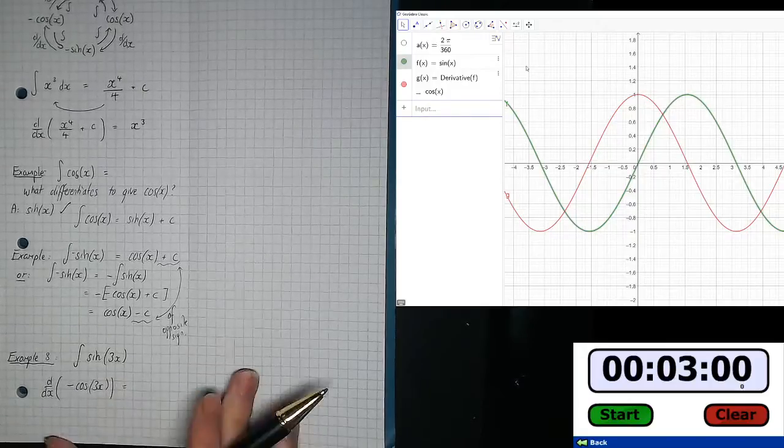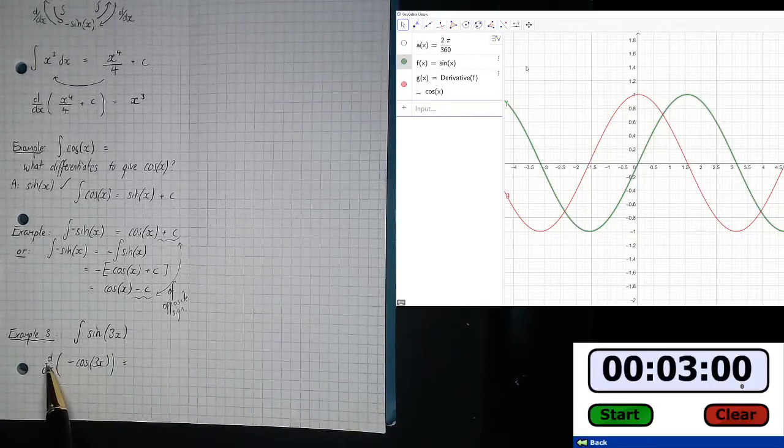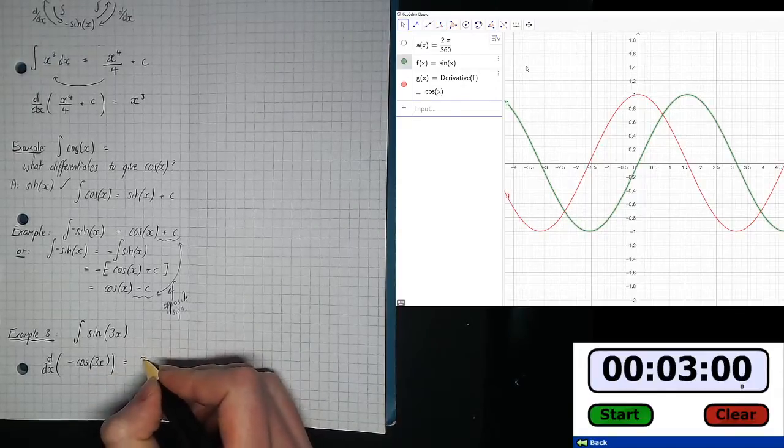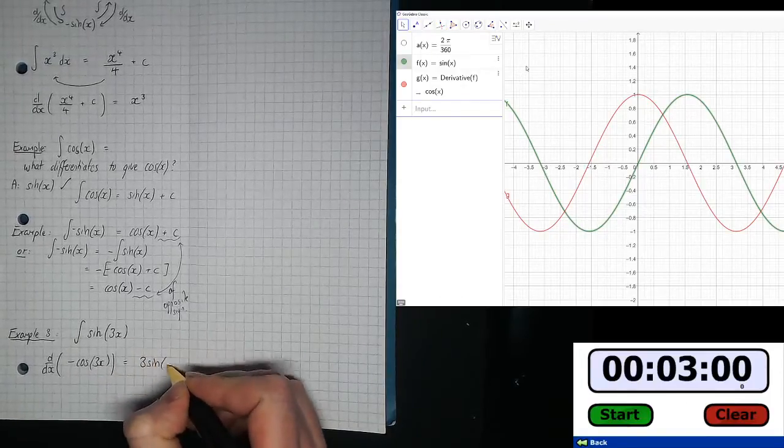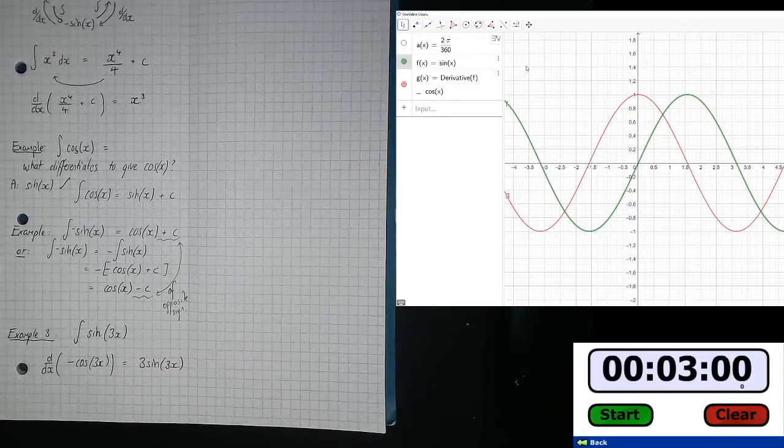But that doesn't quite work either, because if I differentiate negative cos 3x, I would get 3 sine 3x, not sine 3x.